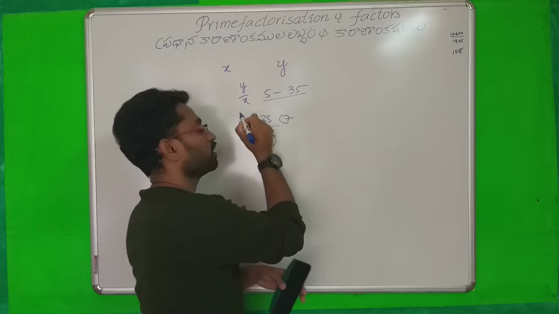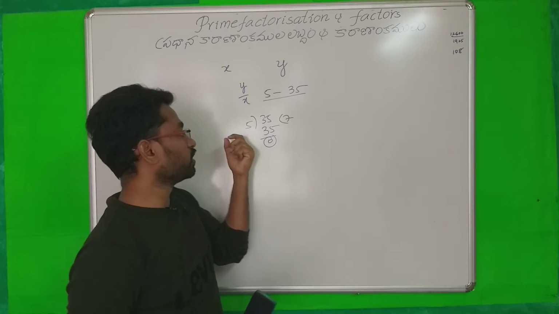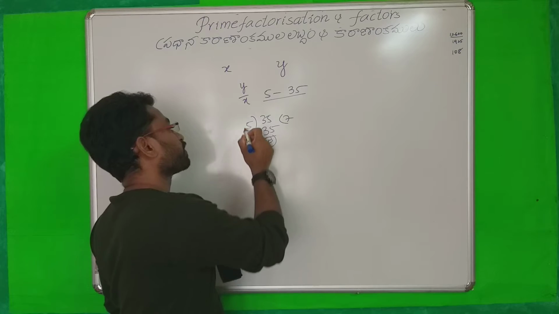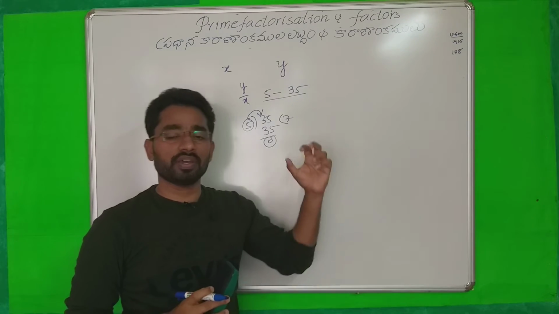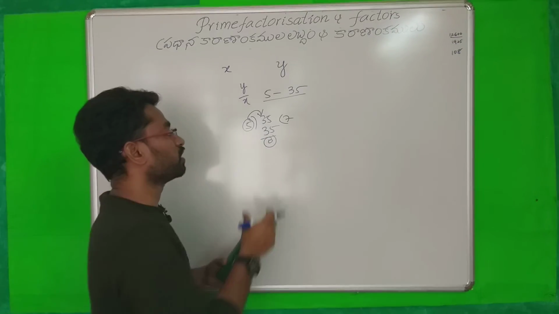So what is the remainder? 0. ఇది నిశ్శేషంగా భాగించబడుతుంది, means it is divisible by 5 exactly. So now we can say 5 is a factor of 35. 5 divides 35 exactly. Like that, 35 has many factors.